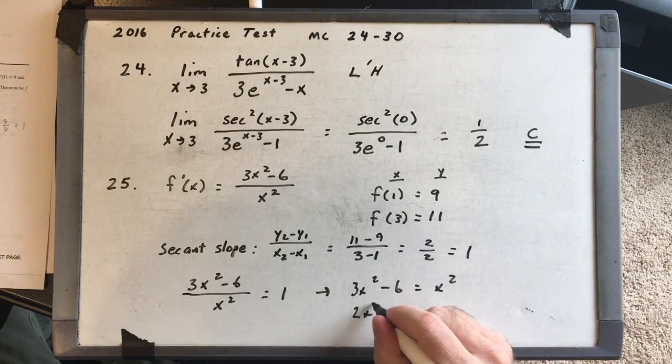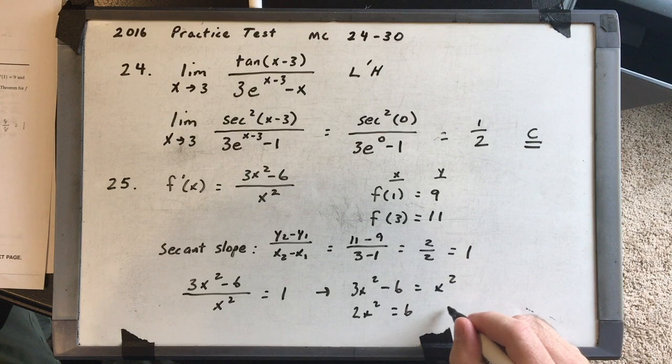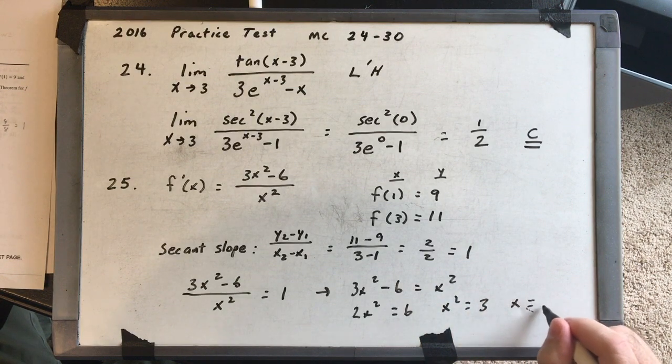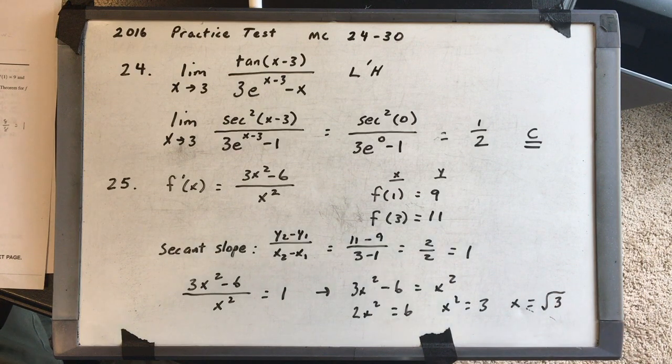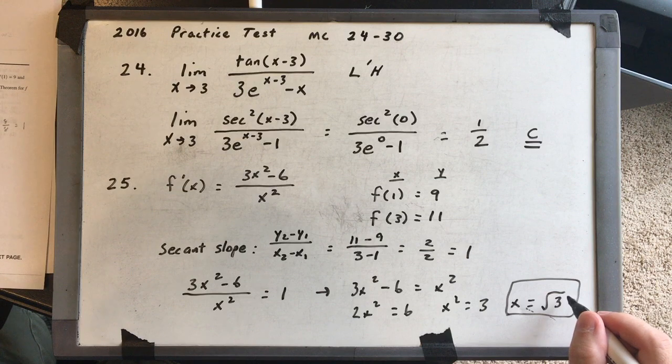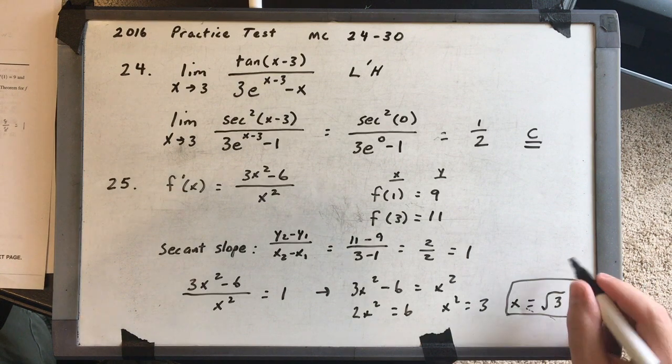So 2x squared is equal to 6. X squared is equal to 3. So x is going to be the square root of 3. I know it's plus or minus the square root of 3, but it asks for the interval between 1 and 3, so negative wouldn't do that. And on our sheet, that is option B.